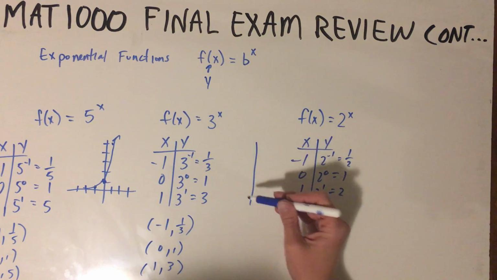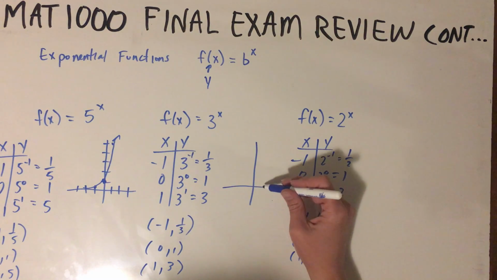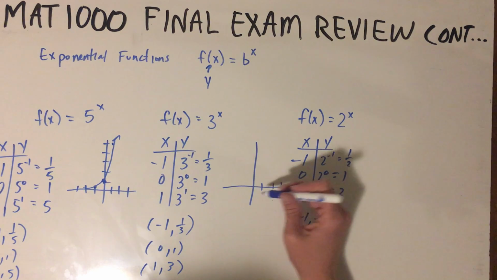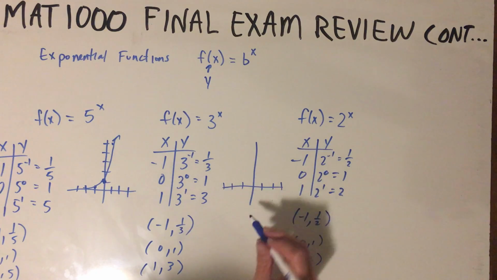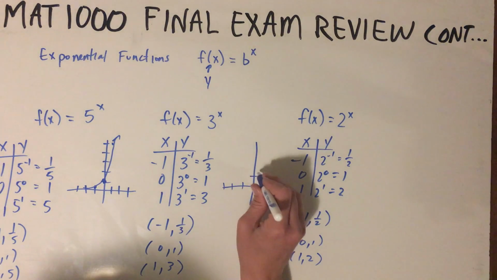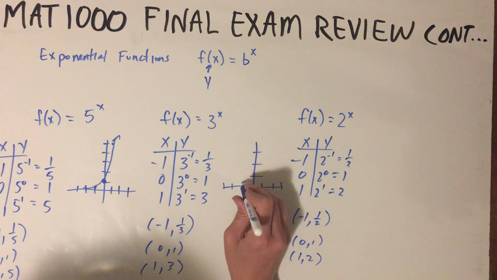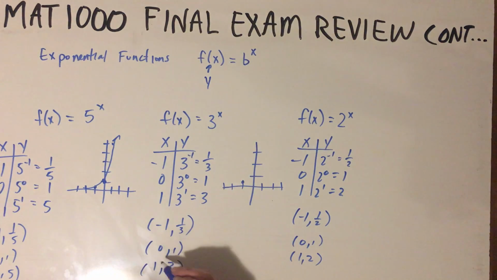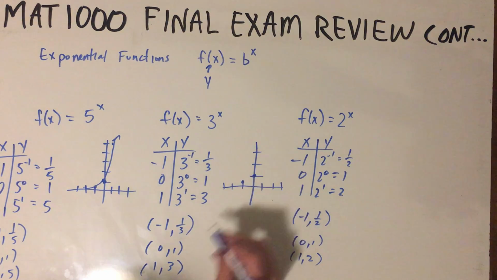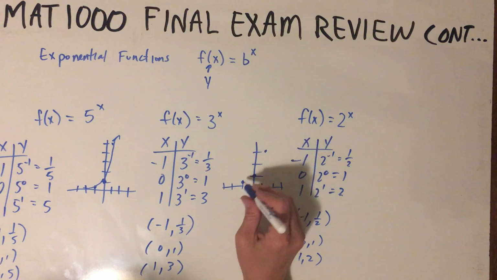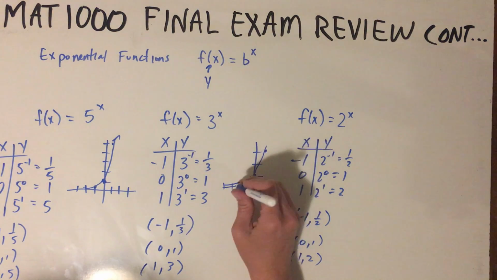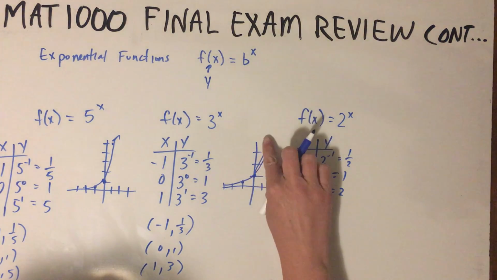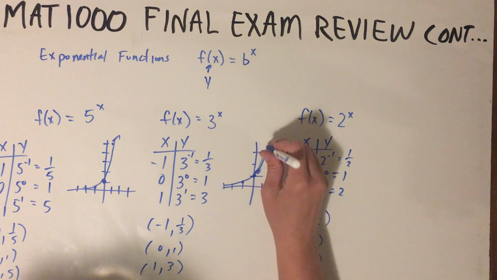Well, what does this one look like? I'm going to have the point -1, 1/3. I'm going to have the point 0, 1, and the point 1, 3.